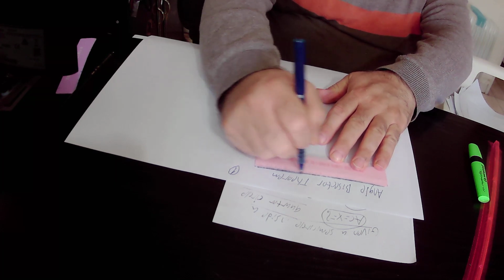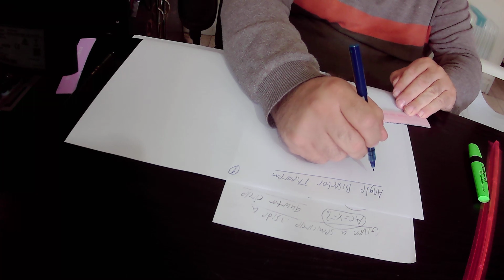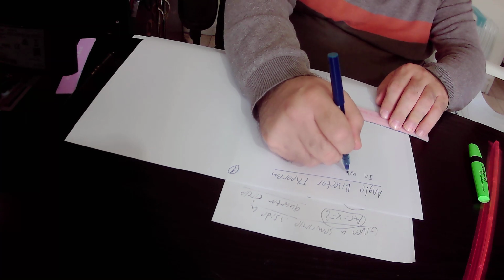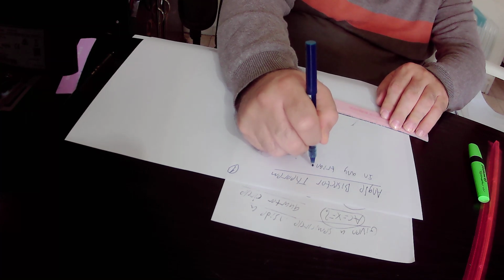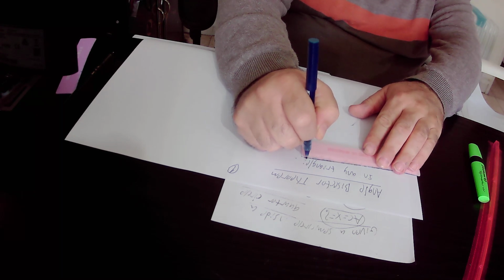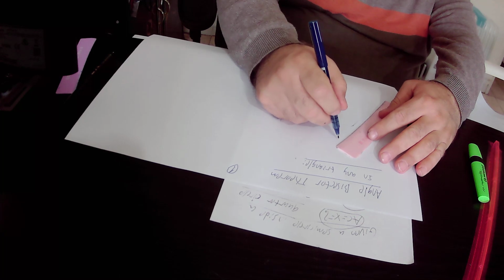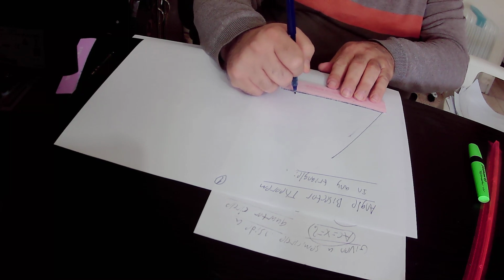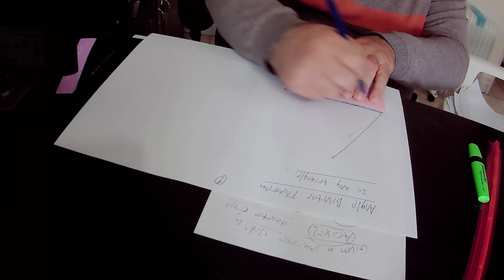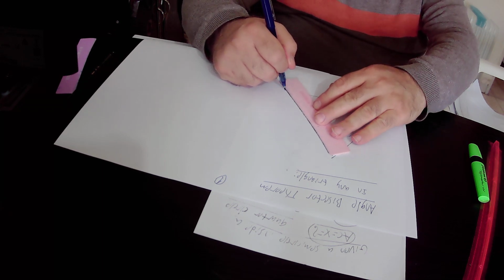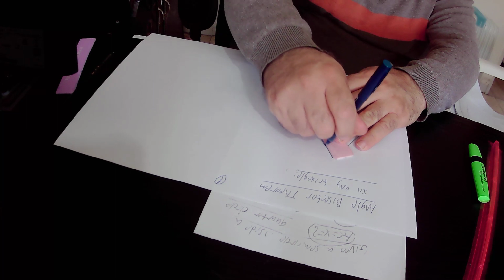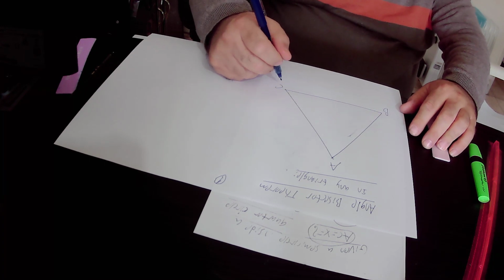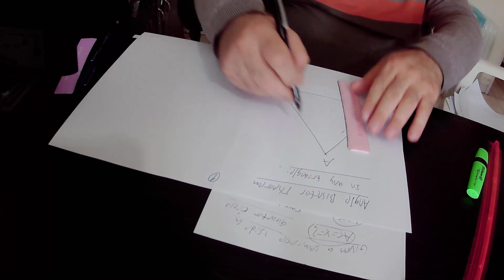We can write down: in any triangle, if we have triangle ABC, that could be any triangle, and we also have line segment AD.